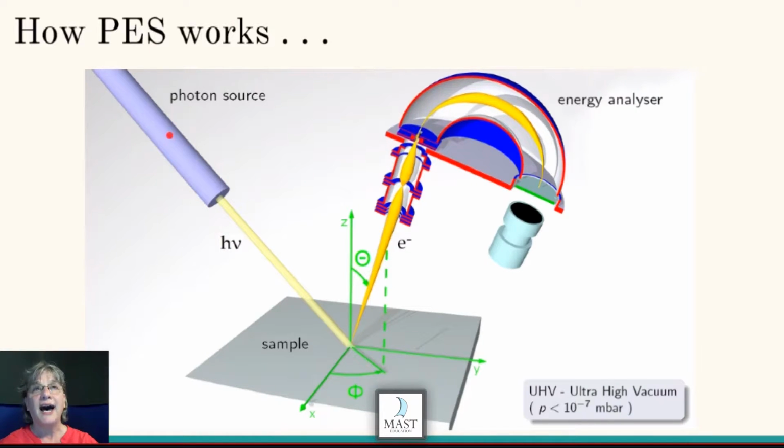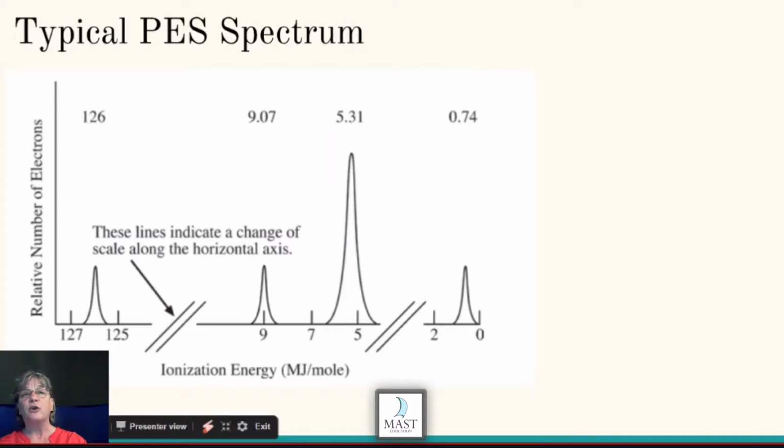Once again, high energy photons strike a sample, electrons are ejected, and those electrons are measured for the energy that they contain. The product of this technique is a graph. The graph is called a PES spectrum. On one axis, it indicates the ionization energy or binding energy associated with different electrons.